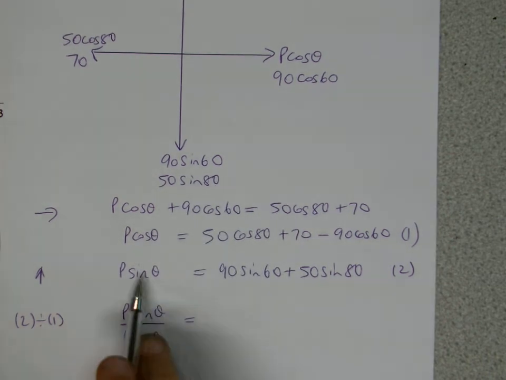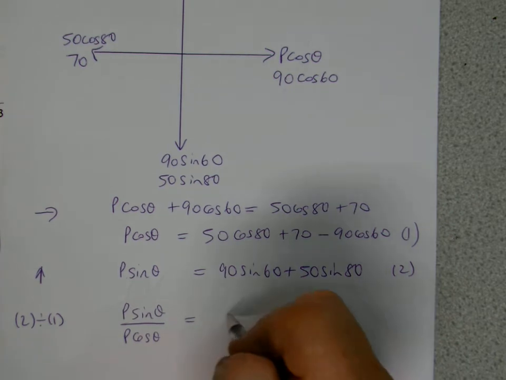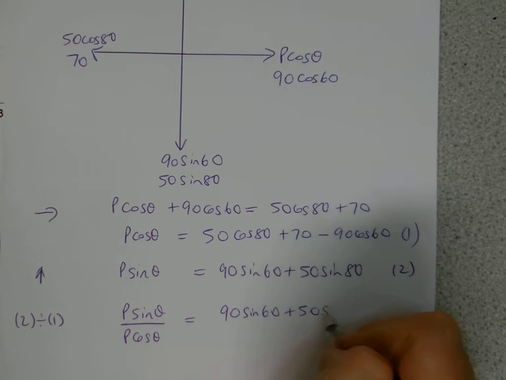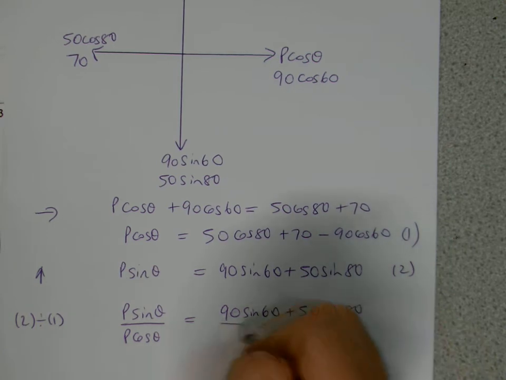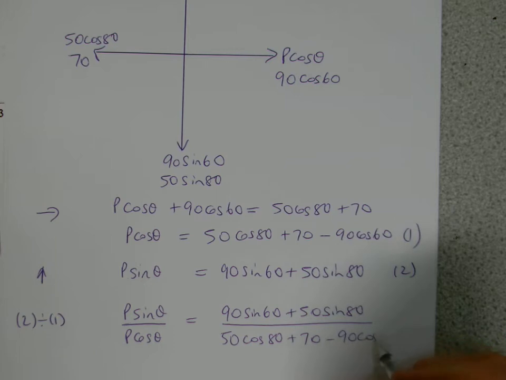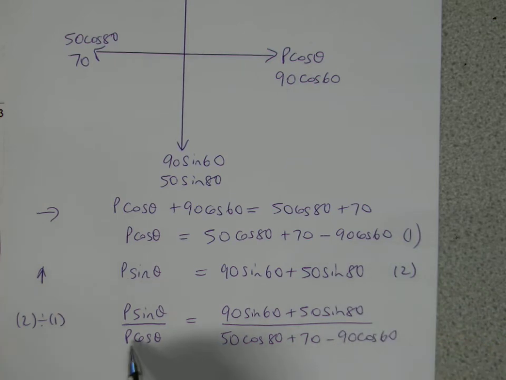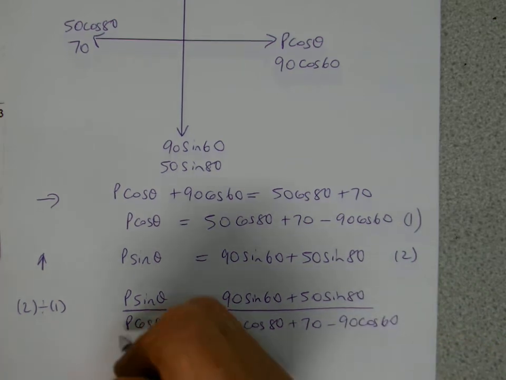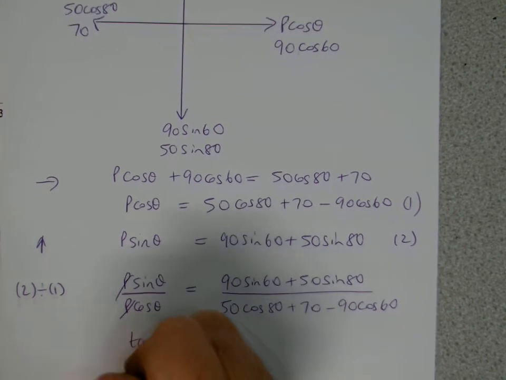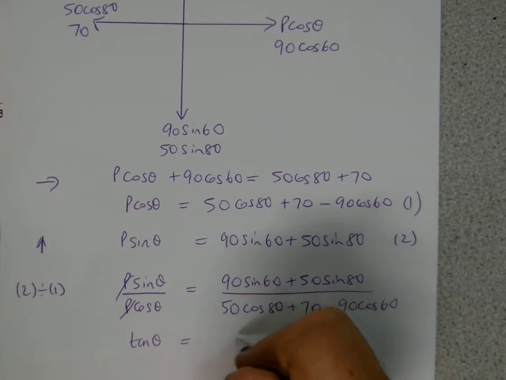P sine theta is all of this here, divided by the P cos theta, which is this. In this case the P's will cancel, and if you remember, sine over cos is just tan, so tan theta will equal all of this.